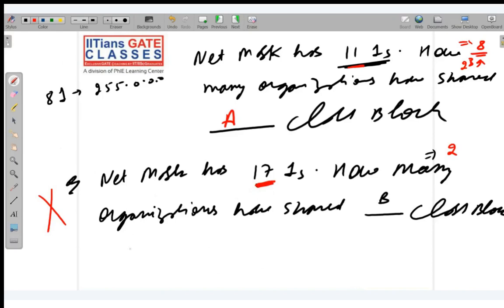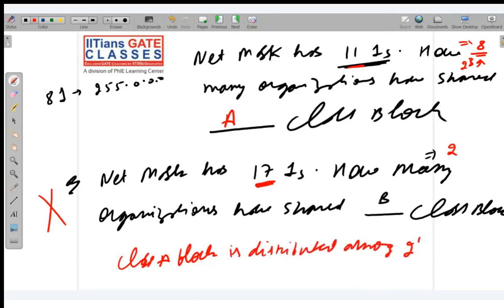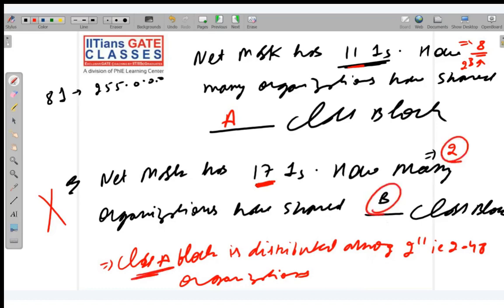I can say: a class A block is distributed among 2 power 9 organizations. Are you getting it? Yes, sir. So 2 answers are possible. If it is of class B, then only 2 organizations. If it is of class A, then 2 power 9 organizations have shared it.